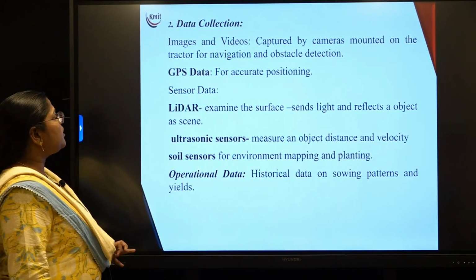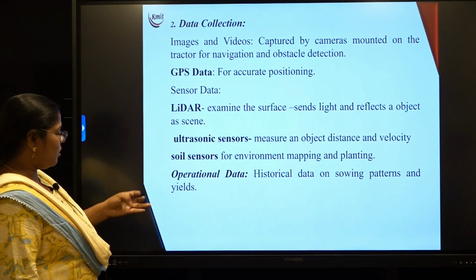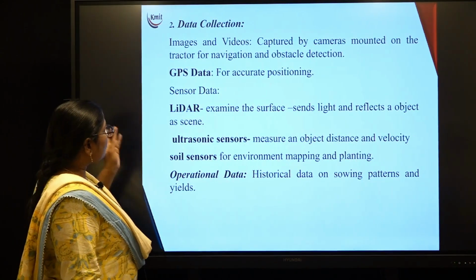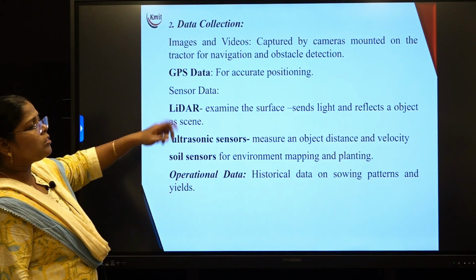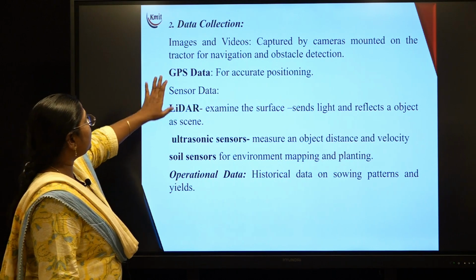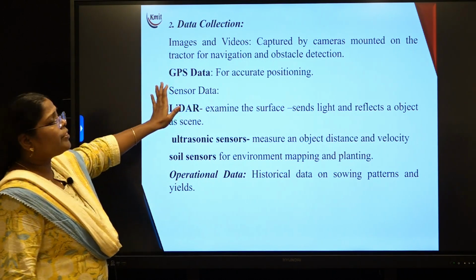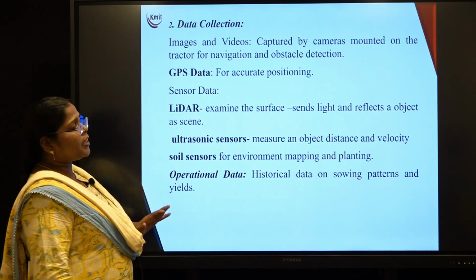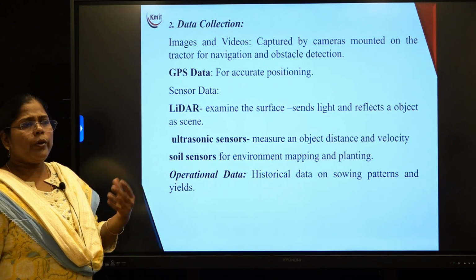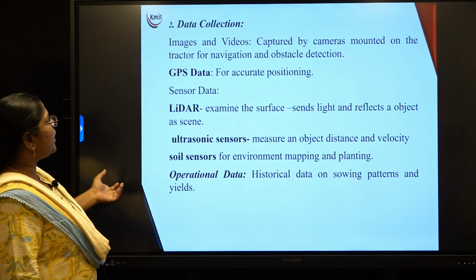Next, coming to how to design this. To design the driverless tractor and also the crop sowing, we always need to have the data sets. To automatize the model, we need to create our own data set.